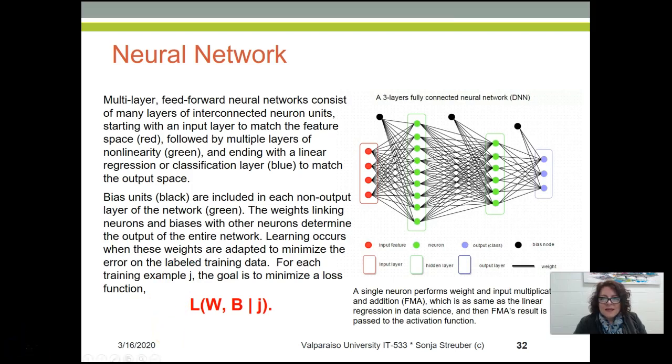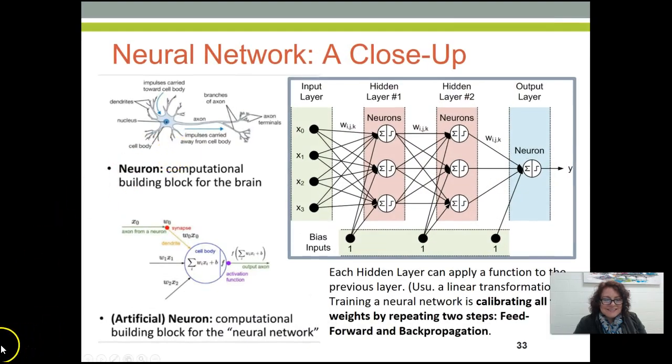Now let's zoom in on our neural network. As we're seeing here, a neuron is a computational building block for the brain in which dendrites funnel information into a nucleus. The information is processed and sent on through an axon into other dendrites to other neurons.